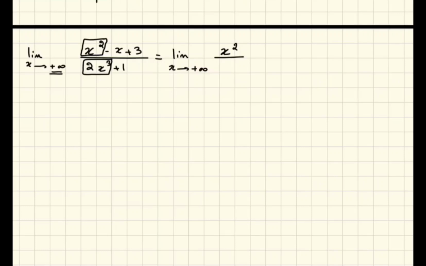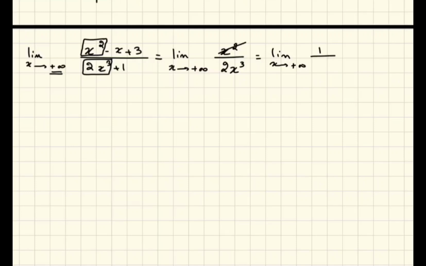If x approaches a number, then you have to replace first. If you get an answer, that's it. If you don't, then you have to factorize and try to simplify as we did in the previous video. But whenever it goes to plus infinity or minus infinity, in this case, you take the term with the highest exponent on top with the term with the highest exponent down, and then you simplify. x squared, all of it will go.